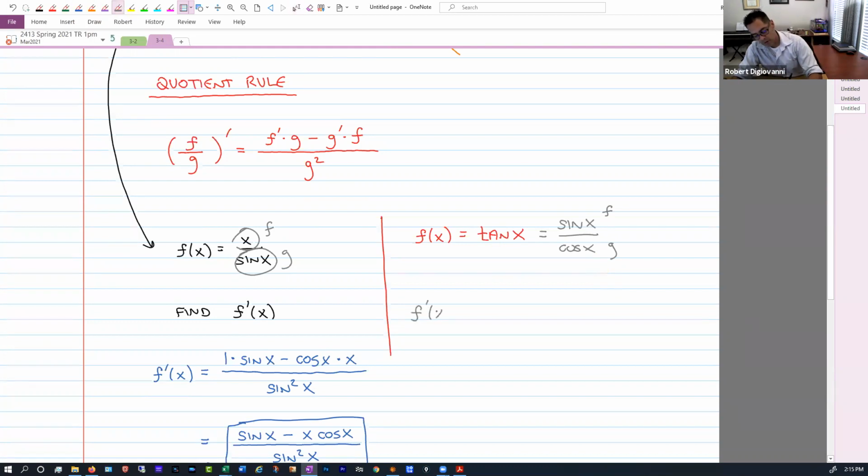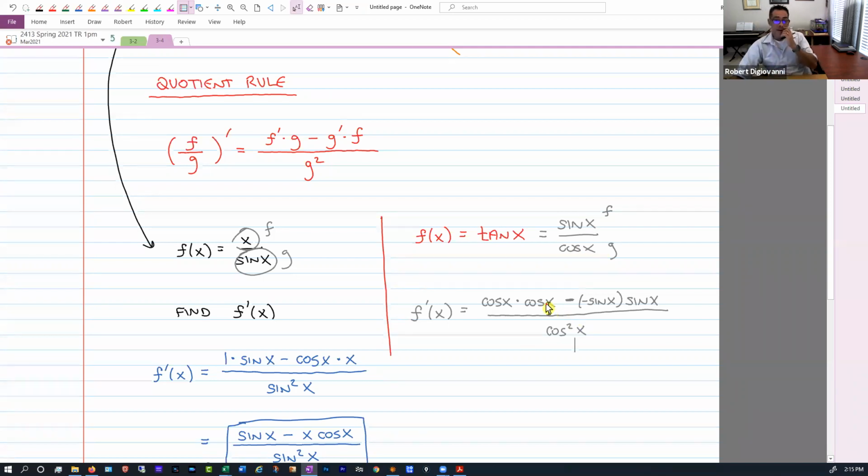If we do the quotient rule here, I'm going to go derivative of f, which is cosine x, times the bottom g, which is cosine x again, minus, now here's the cool part, the derivative of g, which is the derivative of the bottom. The derivative of cosine is negative sine, so I put negative sine x here. And then the formula says times f, f is the top, which is another sine x, and then all of that over the bottom, which is g, but squared.